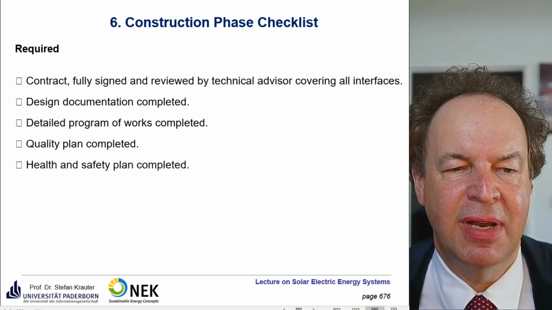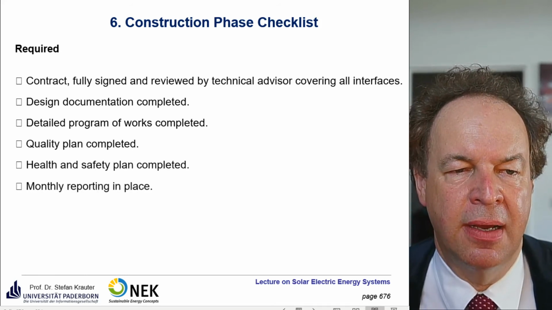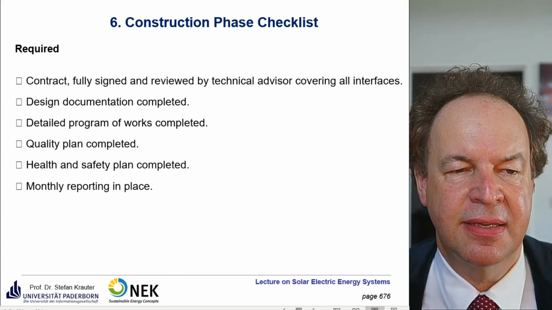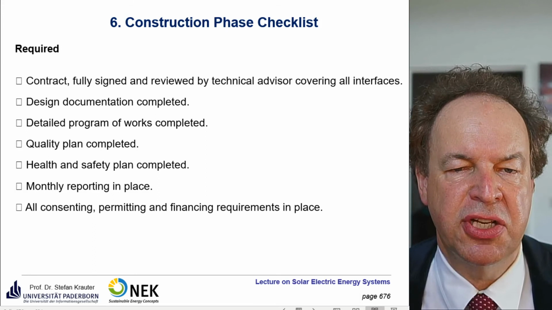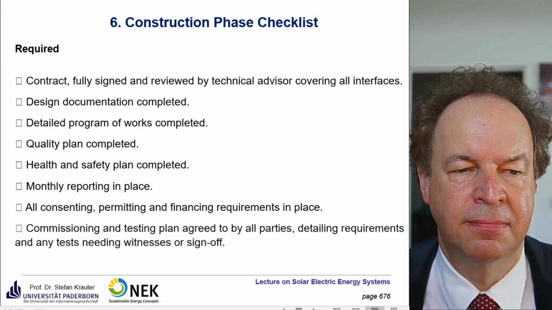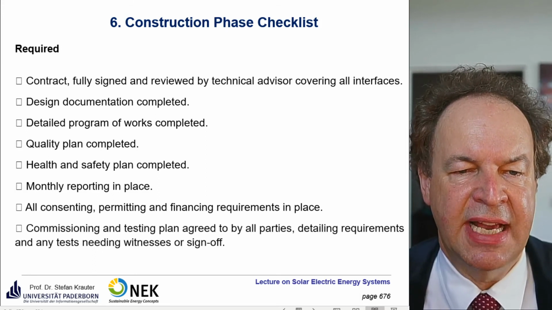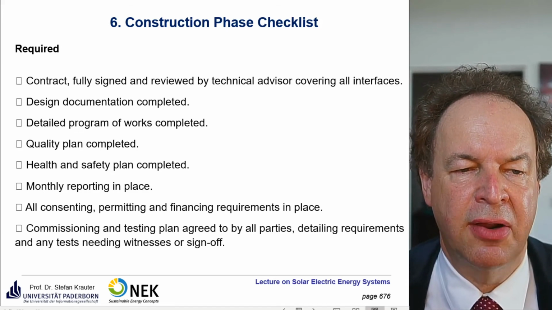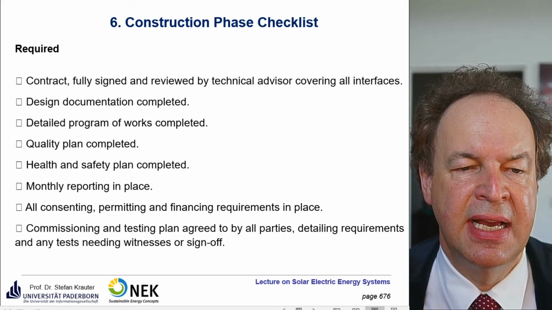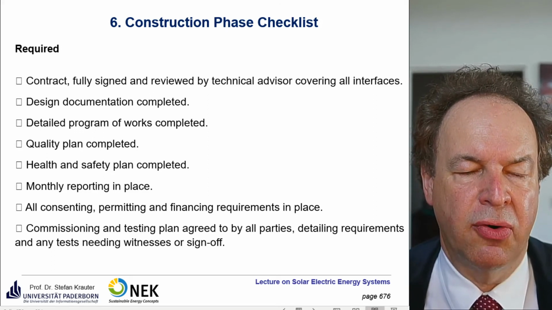The health and safety plan is completed. Monthly reporting is in place. All consenting, permitting, and financial requirements are in place. Commissioning and testing plans as agreed by all parties, detailing requirements and any tests needing witnesses or sign-off.